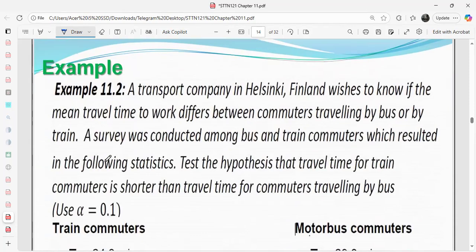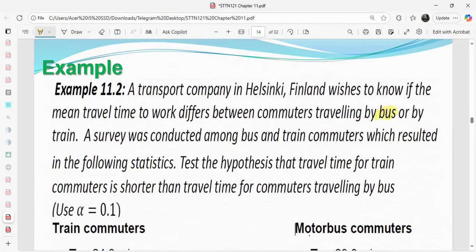Okay, let's check the other one. This one: a transport company in Helsinki, Finland wishes to know if the mean travel time to work differs between commuters traveling by bus, that's population 1, or by train, population 2. A survey was conducted among the bus and also the train.